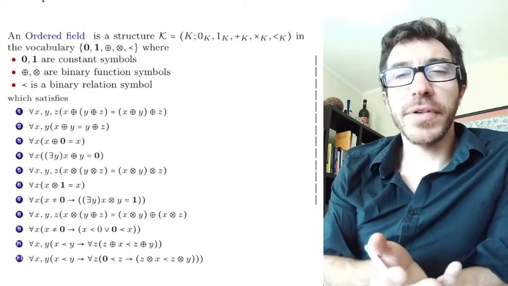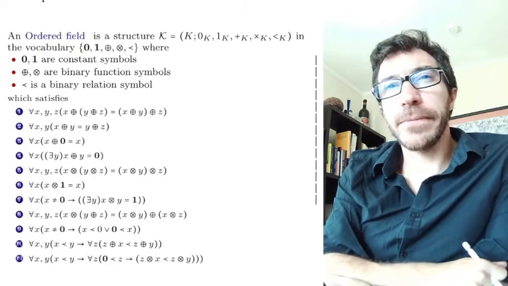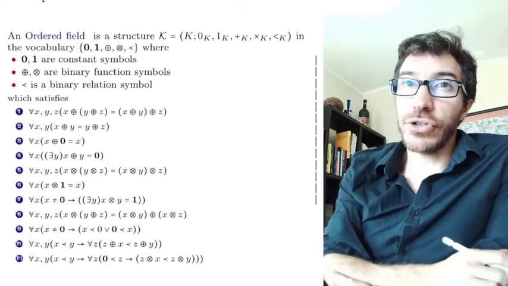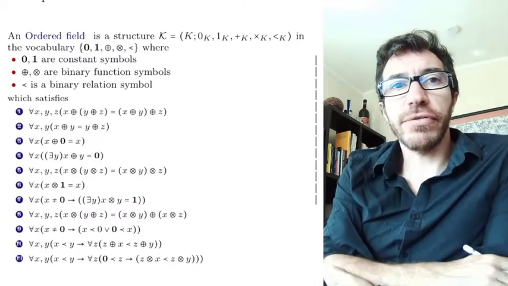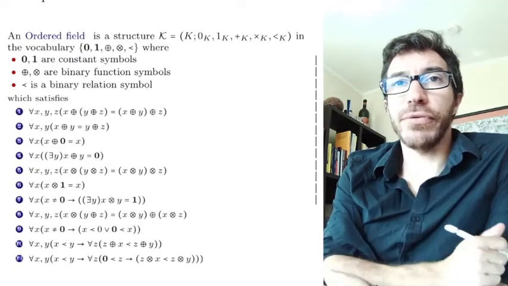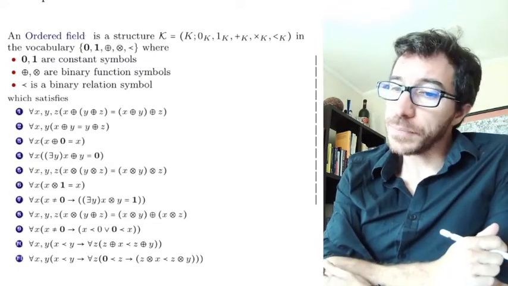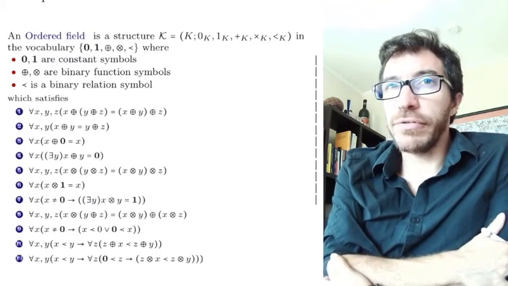Do we know one example of an ordered field? I mean, this is a lot of properties, but we know some examples. We know 2. We know the rationals. Rational numbers are a field, and the ordering among them makes them an ordered field. And the real numbers. The real numbers are also a field, and the ordering among them makes them an ordered field.